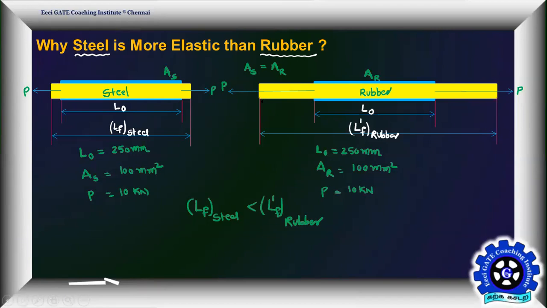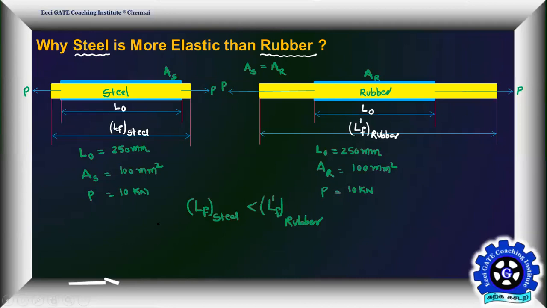You have a mild steel rod and rubber, same cross section, same length, but different materials. You apply the same load on both specimens. Which one will deform more? Without doing an experiment, are you able to say rubber will deform more compared to steel? Correct or not?